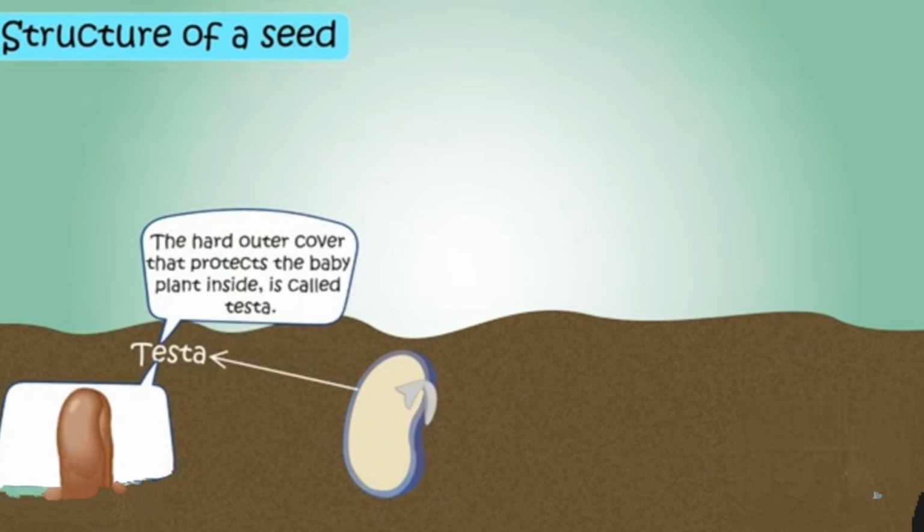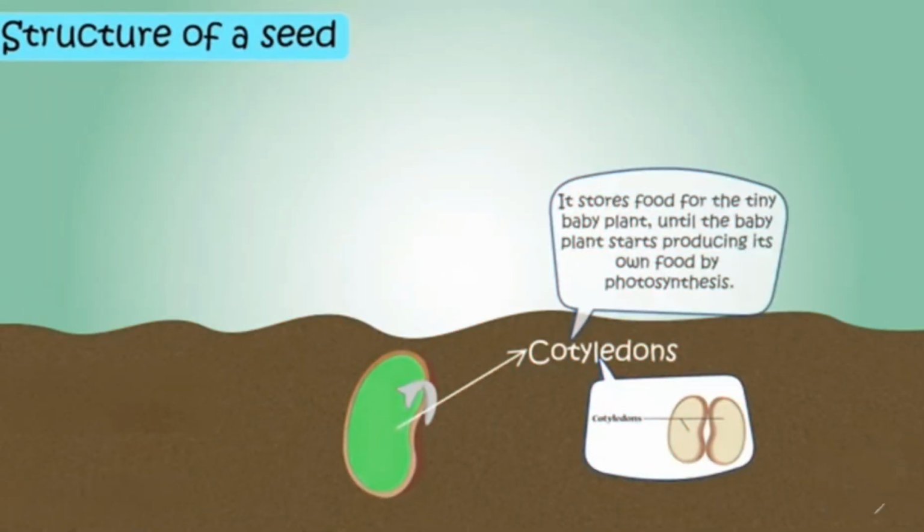And the next part of a seed is cotyledons. Previously we learned that a seed stores the food for the baby plant. So which part of a seed stores food for the baby plant? The cotyledon only stores food for the baby plant.